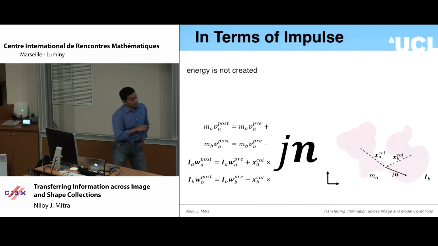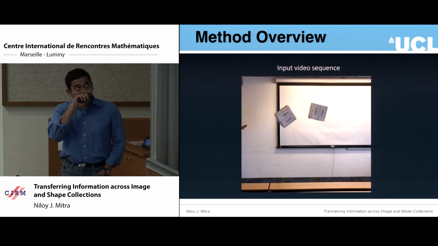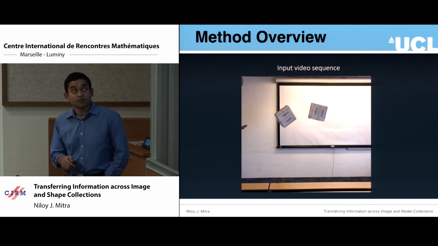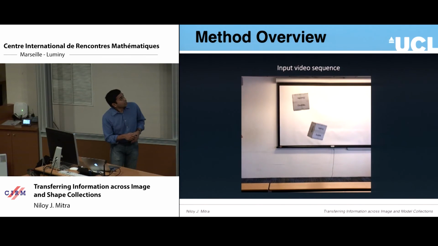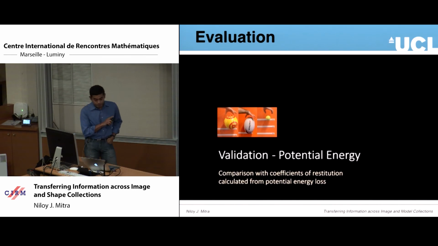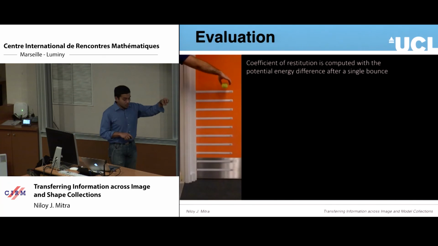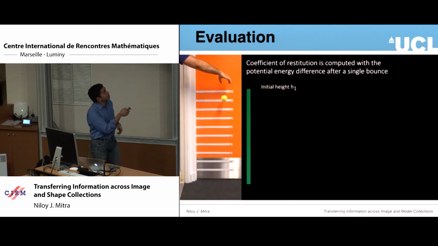And then we can immediately move to some results of how these constraints help to solve it. I think I'll skip this part, and I will show you the more complex results. So here's the first validation, which is we are just going to drop balls. Right? So here you drop it.